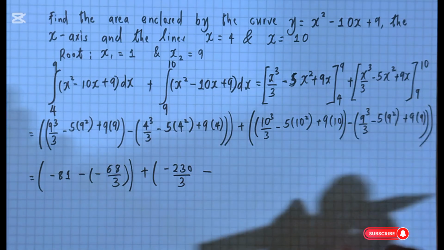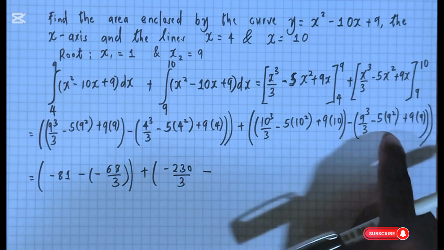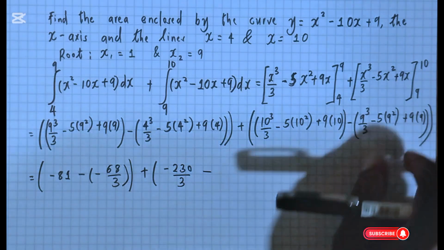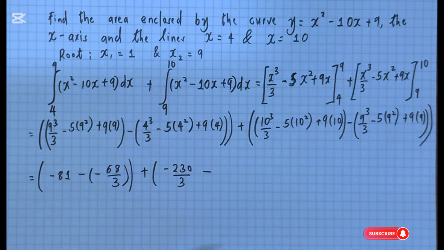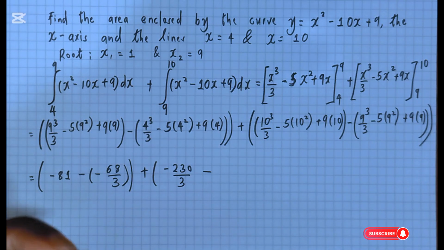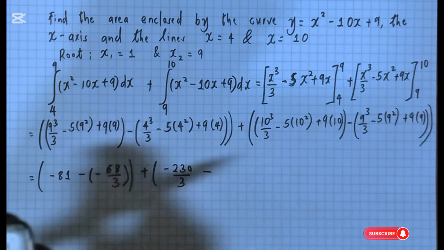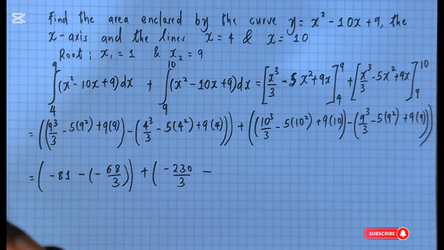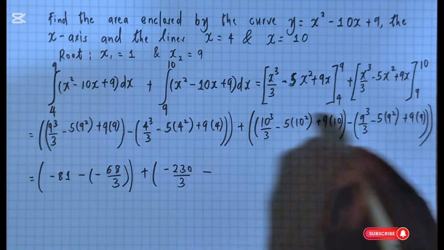So we are going to deal with whatever we have in the second bracket. Remember this is the same as what we had here, so we expect that the same answer we got here is what we'll get here. So when you take 9 cubed all over 3, minus 5 into 9 squared, plus 9 times 9, you will get negative 81.